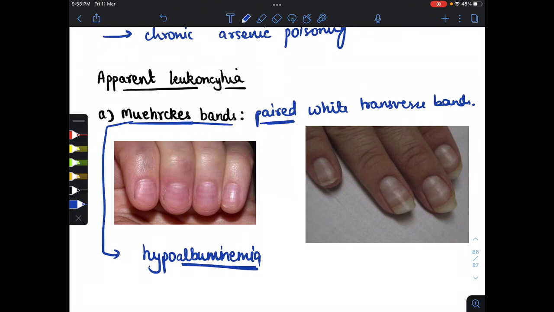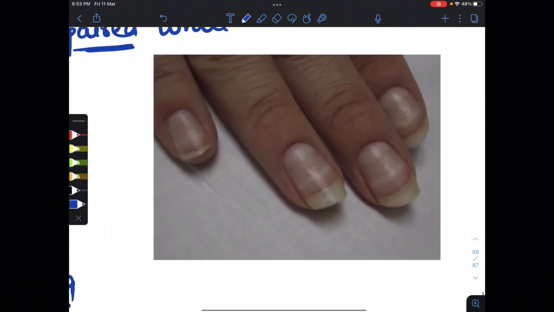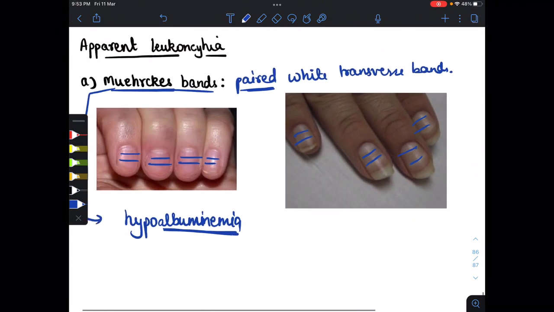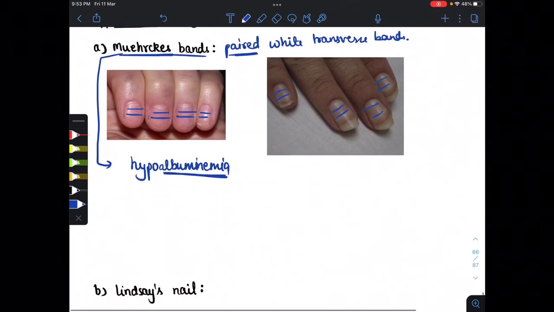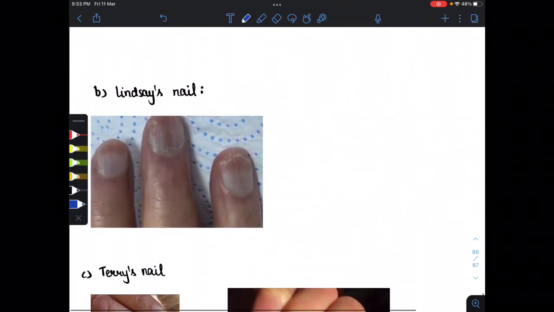As we see in this image, these are paired horizontal lines, Muehrcke's lines.